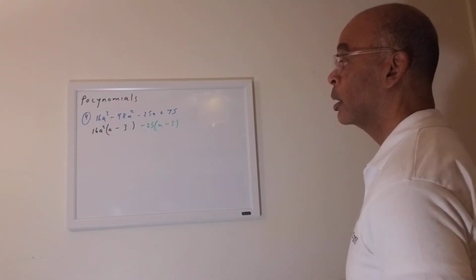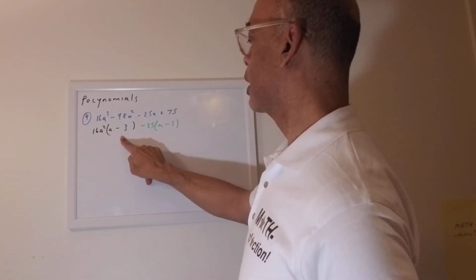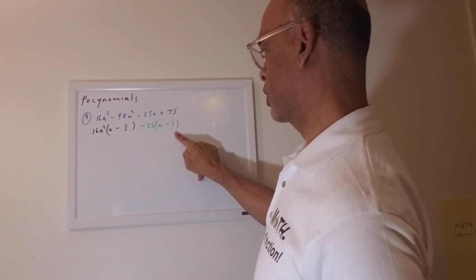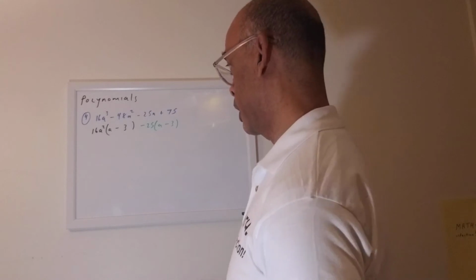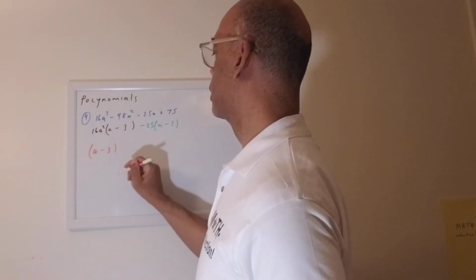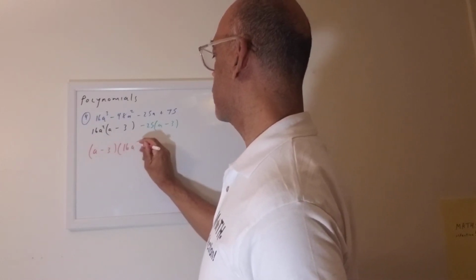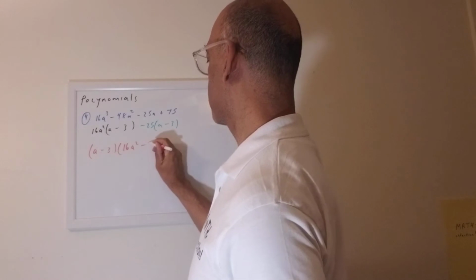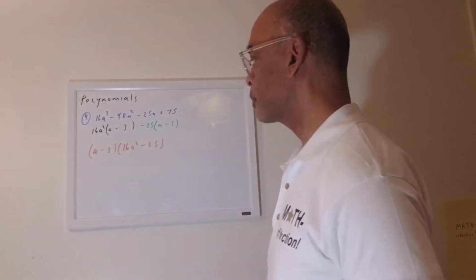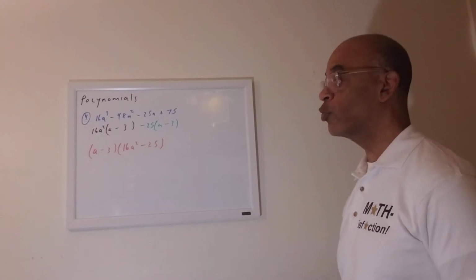Next, you will have a minus 3 as a factor here and a minus 3 as a factor here. That needs to be factored out. This beginning is left with 16a squared. The back is left with negative 25. Last, look at 16a squared minus 25.